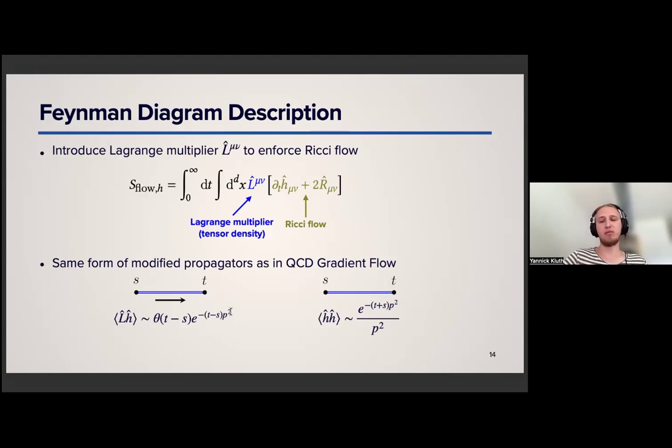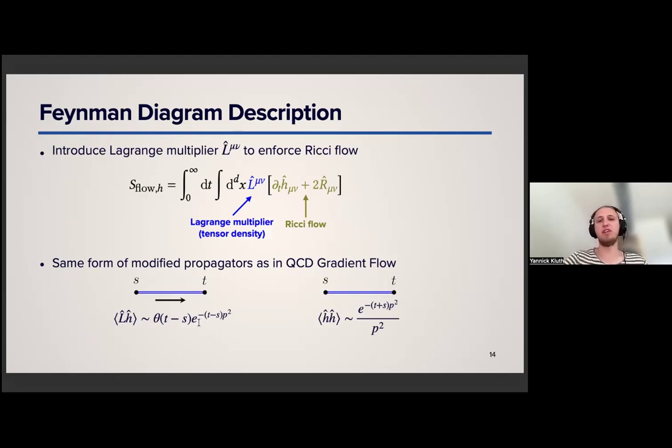And we, of course, have this exponential suppression here. Of course, since L and H are both tensor fields with two indices, we have a lot of indices floating around here. But these are just tensor indices that you can factor out. And the important structure that we have from this Ricci-flow formalism are these Heaviside functions and the exponential damping.